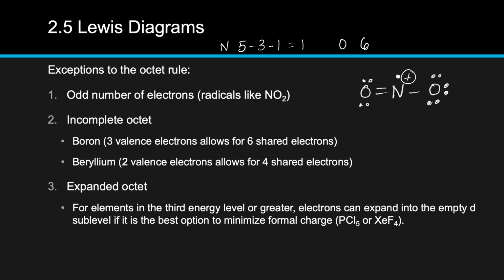Oxygen has 6 valence electrons minus the 1 bond connected to oxygen minus the 6 non-bonded electrons. So that gives us a -1. So this oxygen has a -1 formal charge. Now overall, the positive and a negative charge cancel out, which is why there is still no charge on the molecule as a whole. But this would be the correct Lewis structure for NO2.